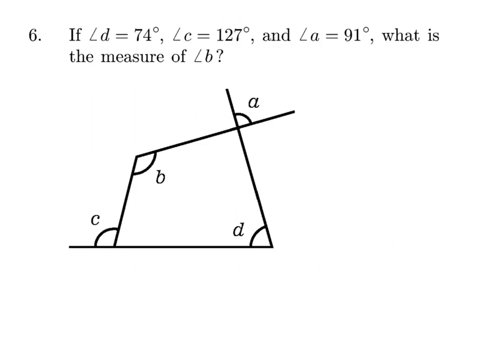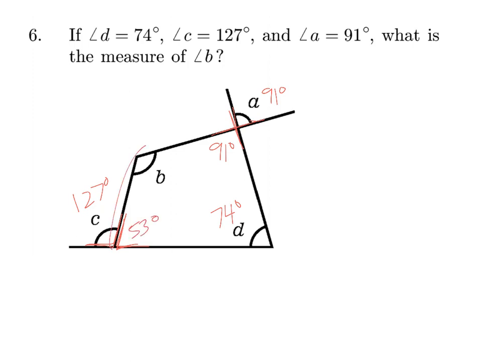Alright, they say D is 74 degrees here. C is 127 degrees. A is 91 degrees. What is the measure of B? Okay, these are vertical angles here. So that's 91 degrees. This is a linear pair here. So 127, subtract that from 180, and you get 53 degrees.